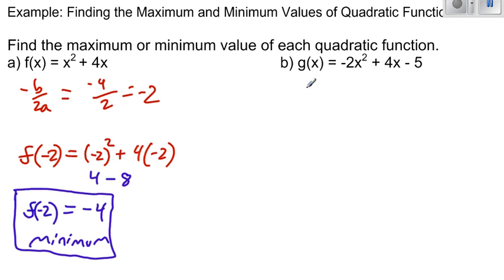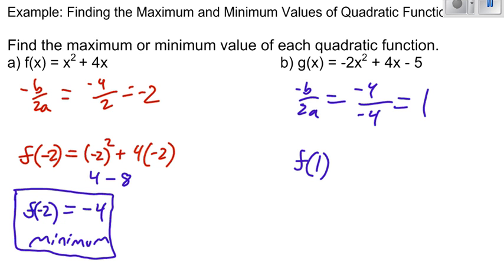For example B, we'll do the same idea. Negative b over 2a. So that's negative 4 over 2 times negative 2. Simplify that, you get 1. Now let's find our extreme value, f of 1. So that's negative 2 times 1 squared plus 4 times 1 minus 5.